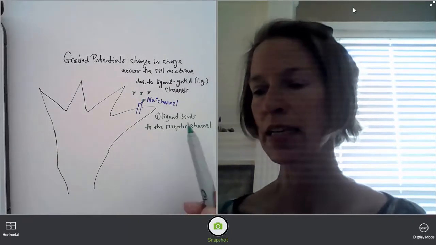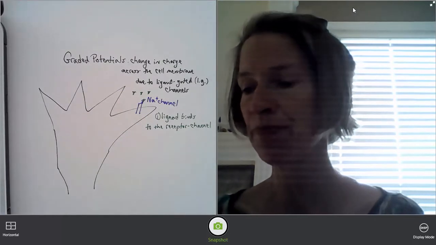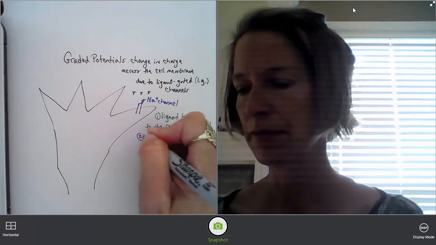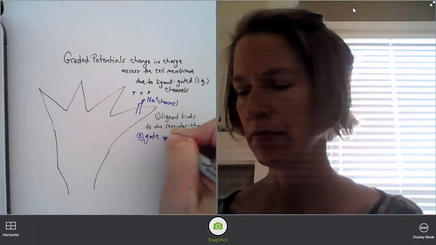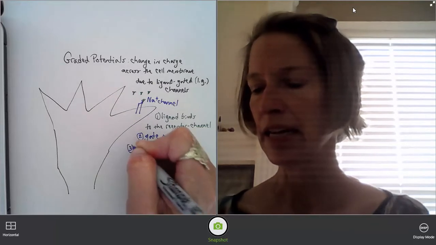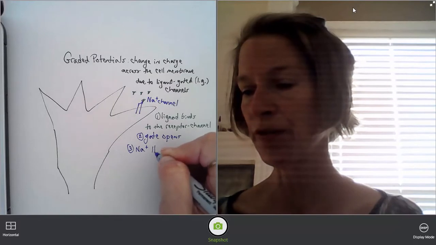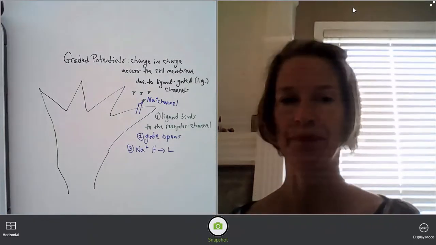Step 1, the ligand binds to the receptor channel. Step 2, the gate opens. And step 3, the sodium moves from high to low.